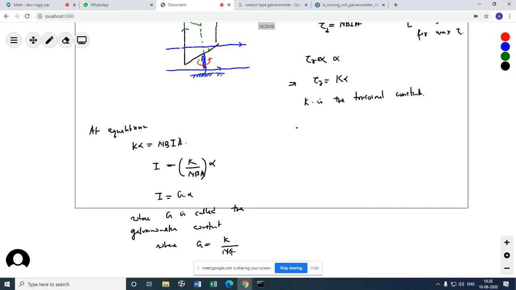K by NBA. Now you can see, how can I increase the sensitivity of the galvanometer? The sensitivity of the galvanometer depends on these factors.